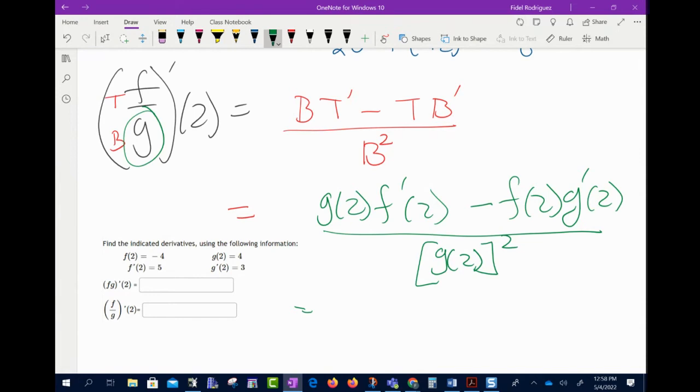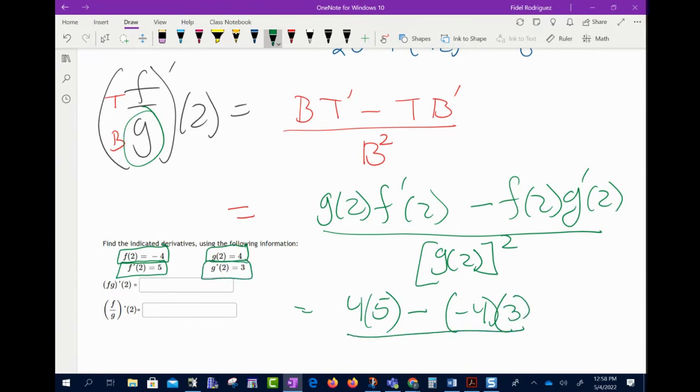So look, g of 2. G of 2 happens to be the number 4 times f prime at 2. F prime at 2 happens to be the number 5 minus f of 2. Well, f of 2 is a negative 4 times g prime of 2. G prime of 2 is 3.